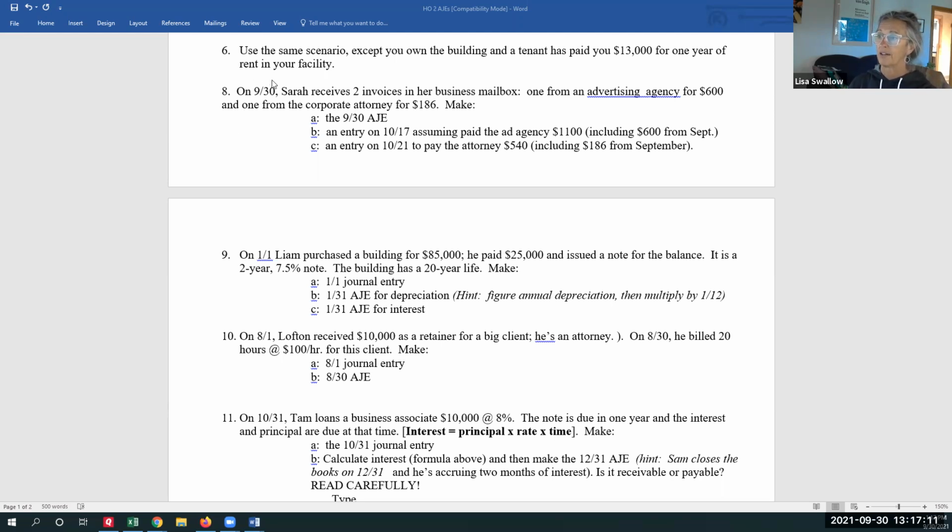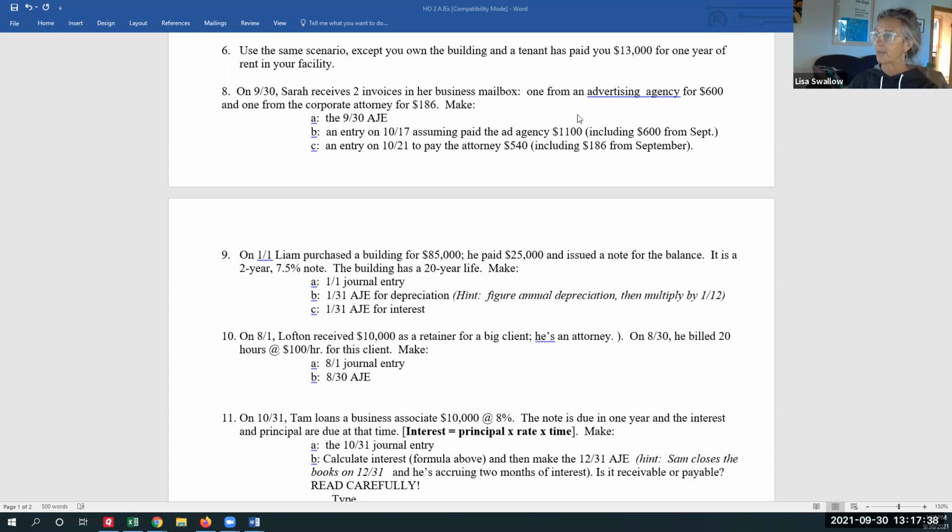Okay, on September 30th, Sarah receives 2 invoices in her business mailbox. One is from an advertising agency for $600 and the other's from the corporate attorney for $186. So she's gotten these in the month of September. So we need to make a month-end AJE, and then she pays the ad agency and the attorney.